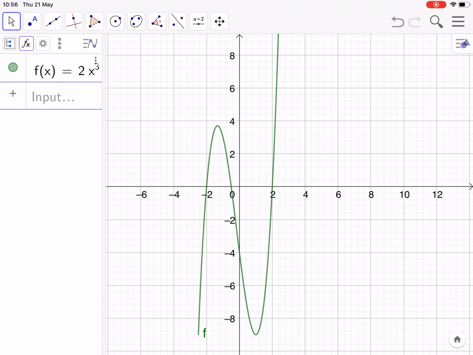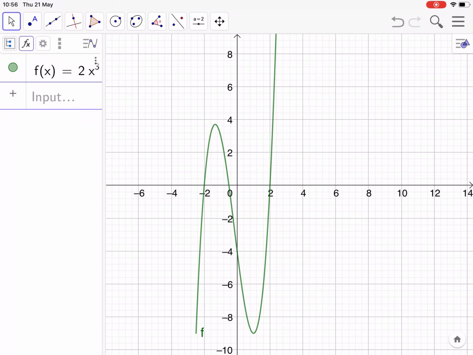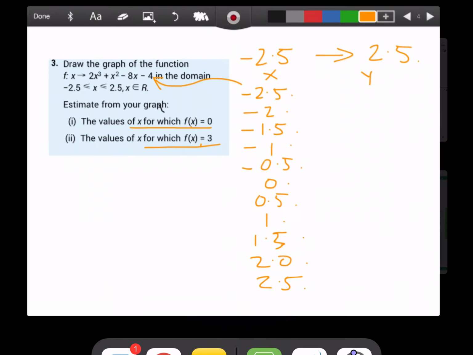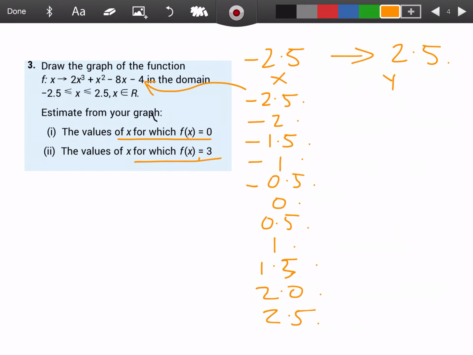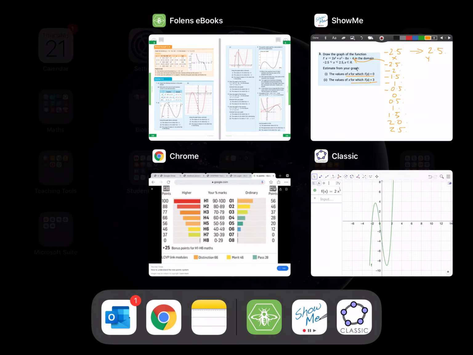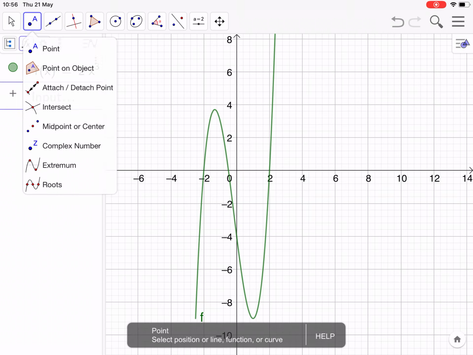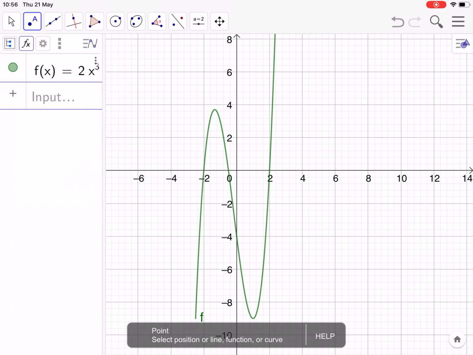So that's our graph, and we'll go back and look at the two questions that were asked now. It said the values of x for where the function is equal to 0. So tell me now, the function is equal to 0 at 3 points in this graph. The points on the x-axis where the function hits the x-axis, okay?